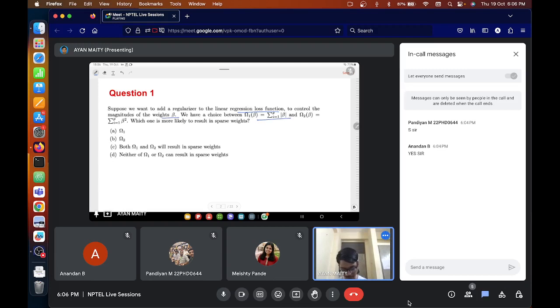The first is simply the absolute values of beta, summation over i equals 1 to p, and in the second we square all the beta values and sum them up for i equals 1 to p. p is the number of weight values in the linear regression. Which one is more likely to result in sparse weights?